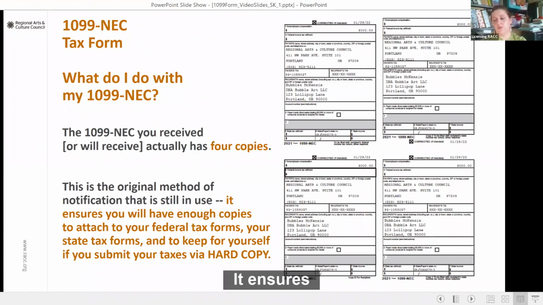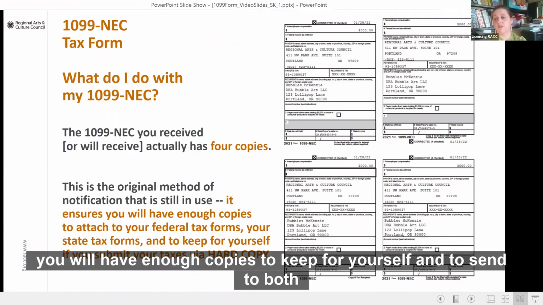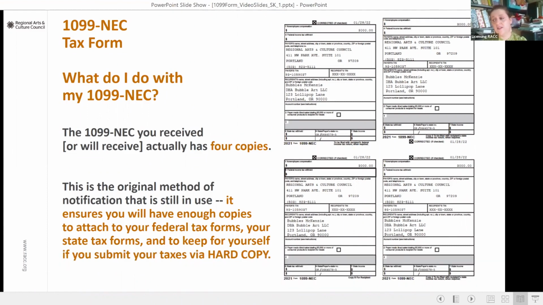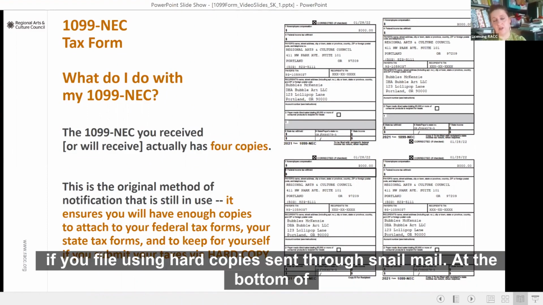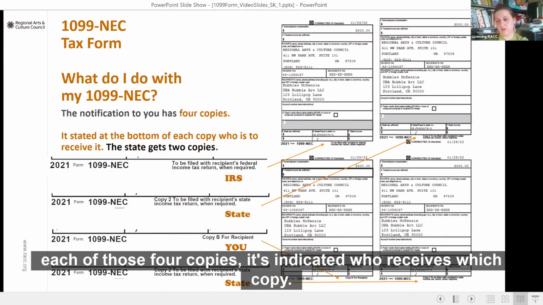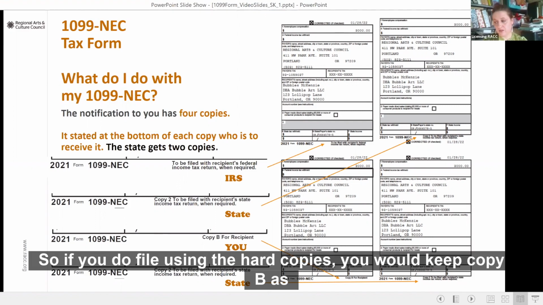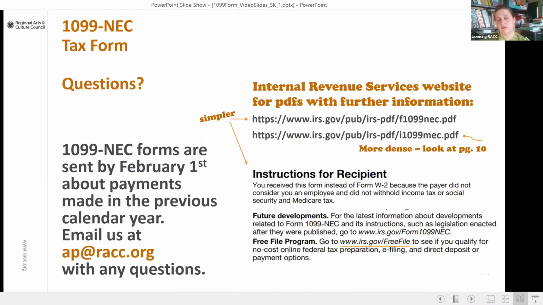It ensures you will have enough copies to keep for yourself and to send to both the IRS and the state if you file using hard copies sent through snail mail. At the bottom of each of those 4 copies, it's indicated who receives which copy. So if you do file using the hard copies, you would keep copy B as indicated for the recipient.